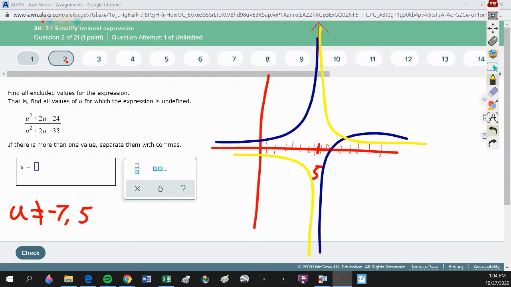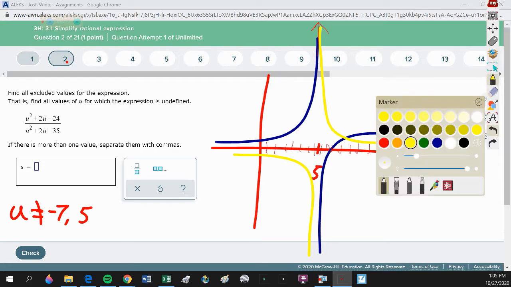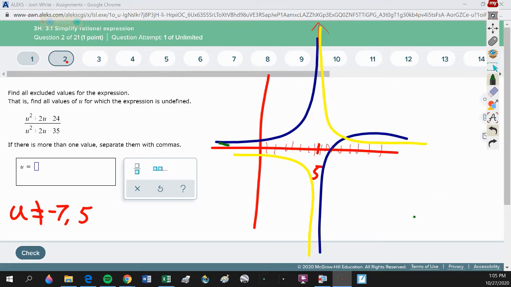Or sometimes it actually looks like this, where both sides are going in the same direction. So anyway, those are the 2 things.